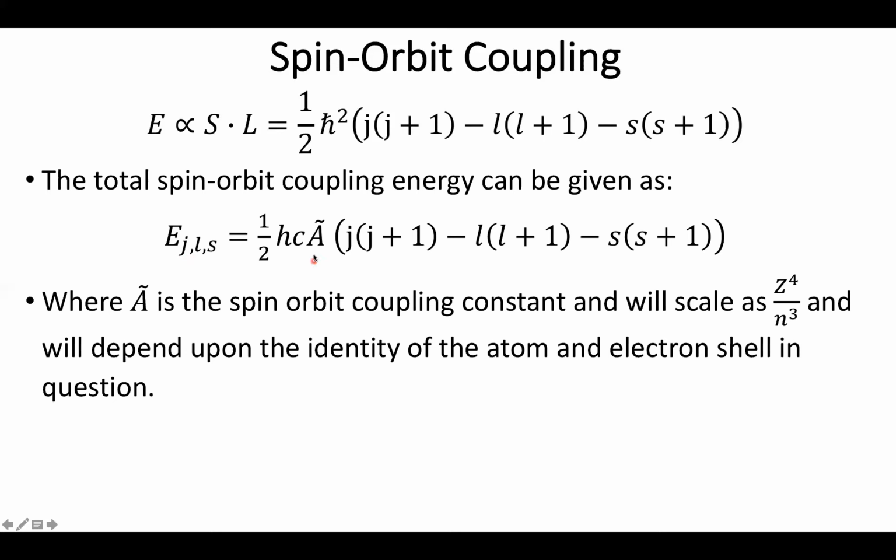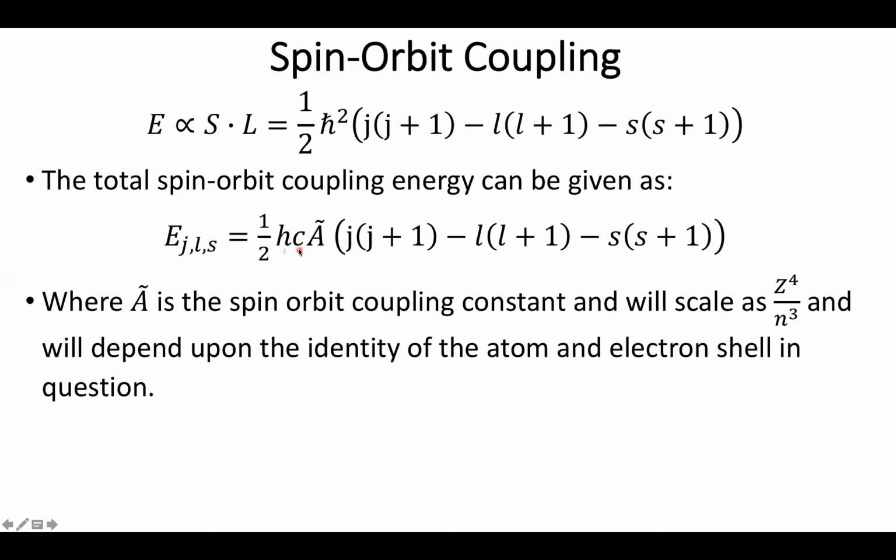And this is more or less going to be an empirically derived value, though it is worth noting that with a lot more quantum mechanics, you can get a numerical value. But for our purposes, what's worth noting is that it's going to give us an energy in wave numbers, which we can then convert to joules with a factor of hc.